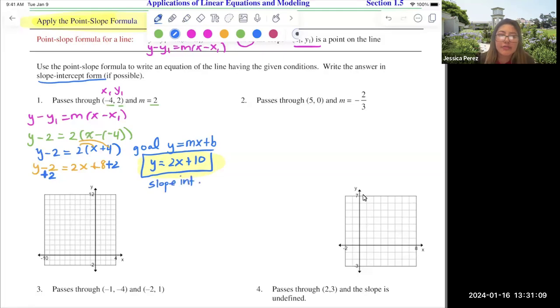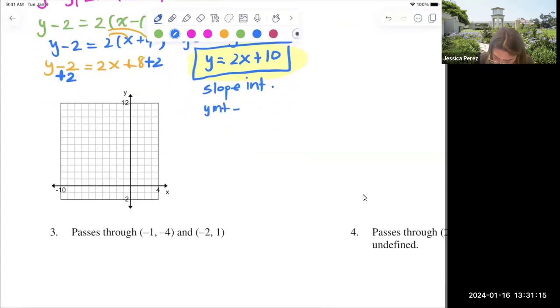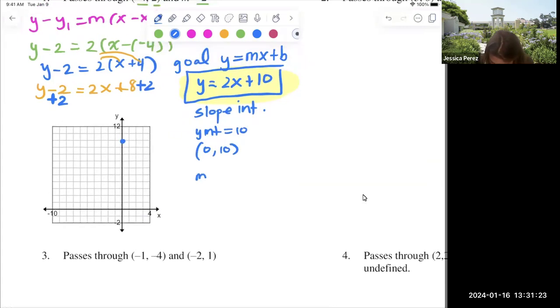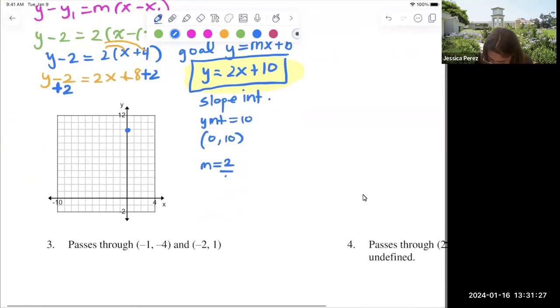Now that we have it in slope-intercept form, I'm ready to graph. How do I graph this? I begin by plotting my y-intercept. The y-intercept is my 10, or (0, 10). So I'm going to go up here. And then my slope says m is equal to 2 from the original. So 2 over 1, that means rise over run.